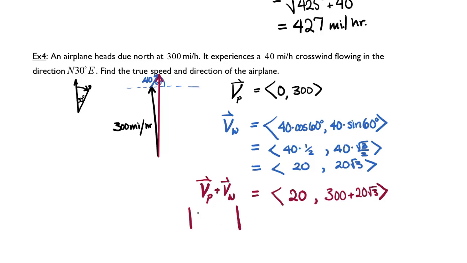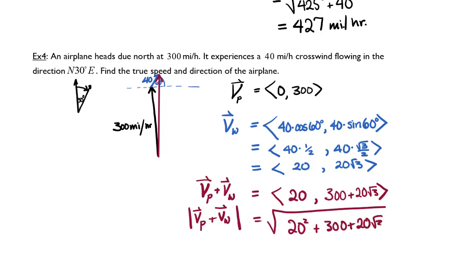Let's find the magnitude, or how long this vector is. That gives me, if I want to find the magnitude, it's the square root of the first component, 20 squared, plus the quantity, 300 plus 20 root 3 squared, all under the square root.